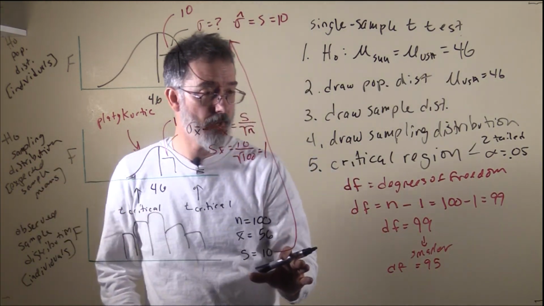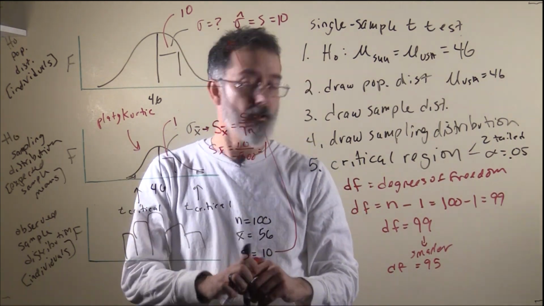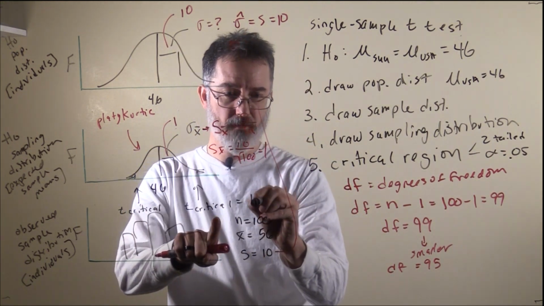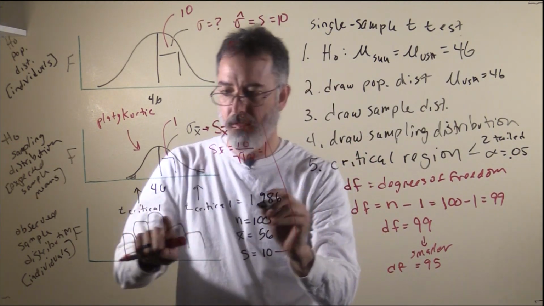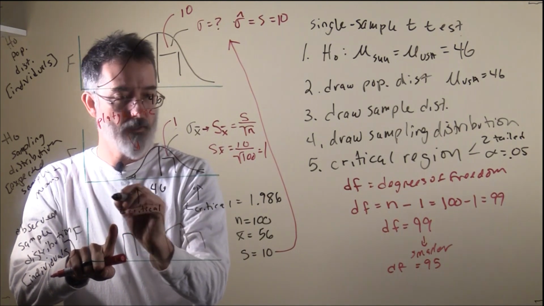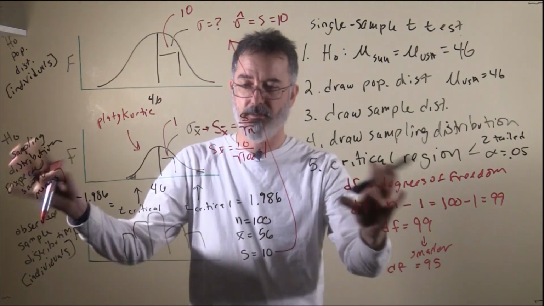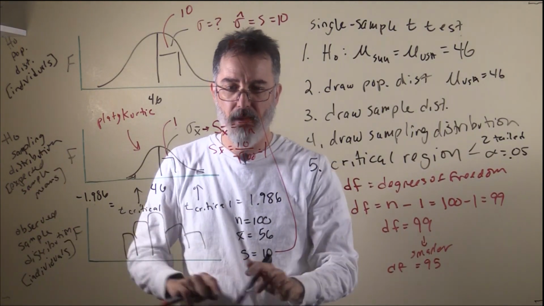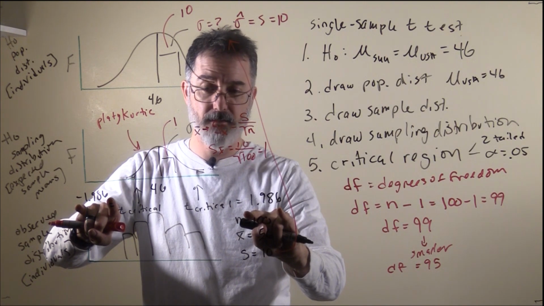So I looked up on my t table the t critical values, and I got for them, the top one is 1.986, and the bottom one is negative 1.986, where a t distribution is going to be symmetrical, just like a z distribution. Notice these are very similar to the 1.96 that we had for a z table.